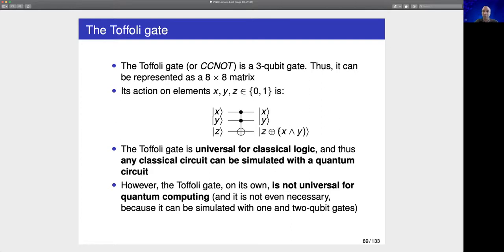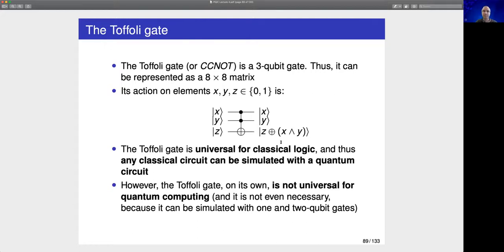So we are going to XOR Z with 0 when at least one of X or Y is 0, and we are going to XOR Z with 1 when both X and Y are 1. So what we are doing is exactly what we said before. We are flipping the value of Z only if X and Y are both 1.